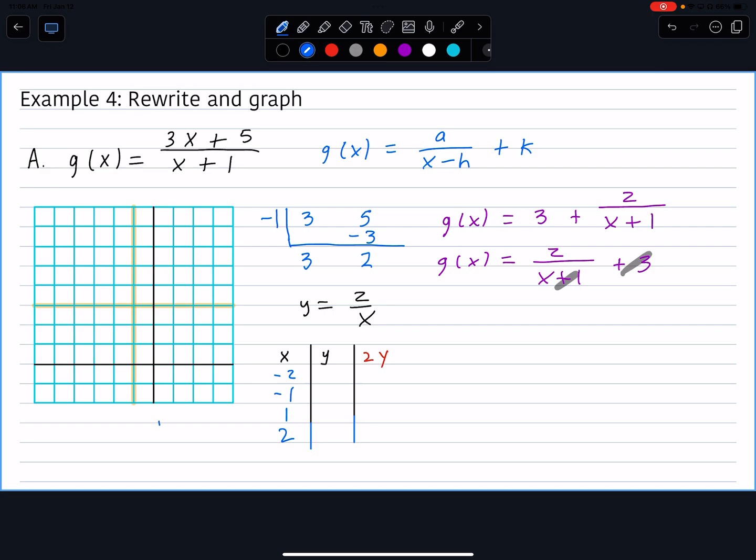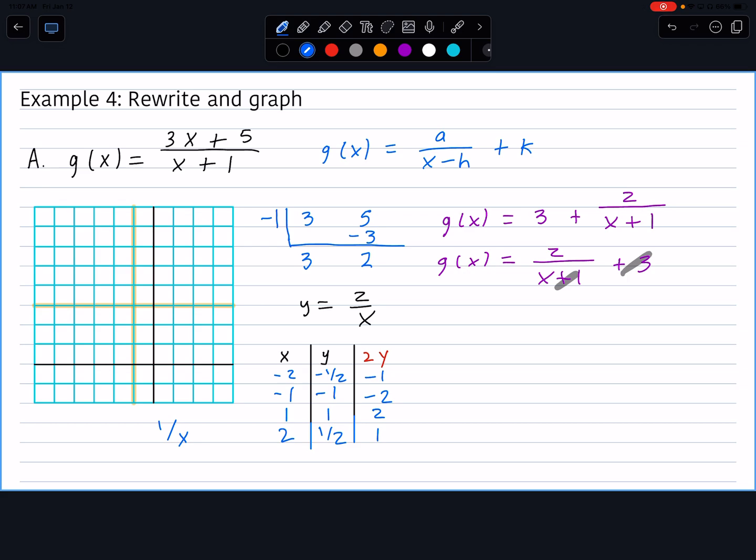And again, if I'm plugging them into 1 over x, then I get -1/2, -1, 1, 1/2. If I then stretch all those y values by 2, I get -1, -2, 2, 1.